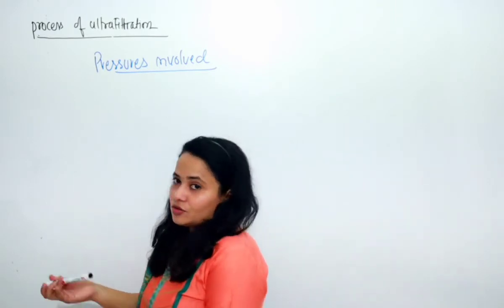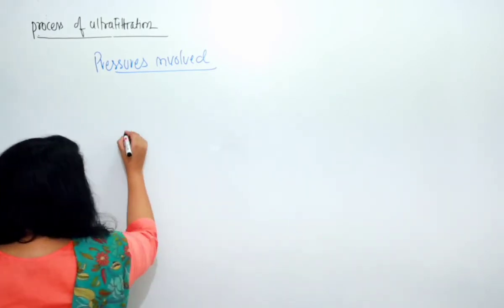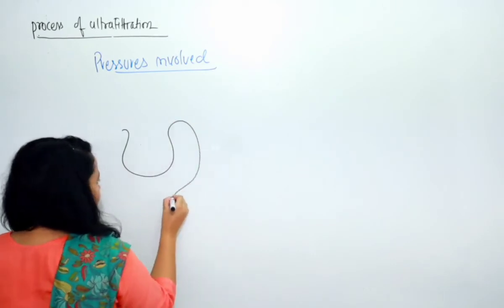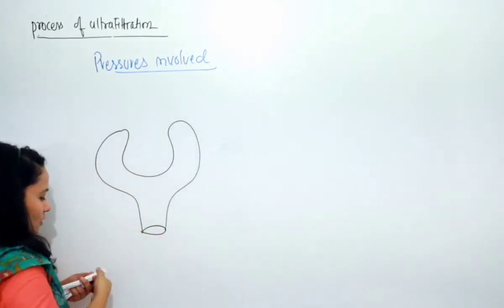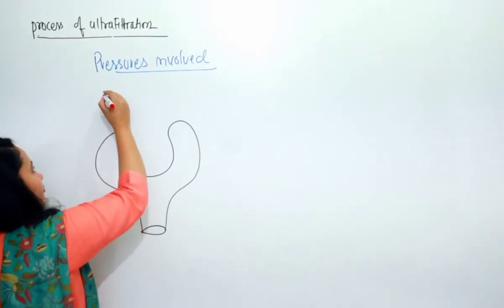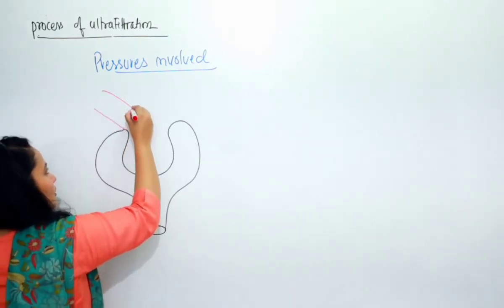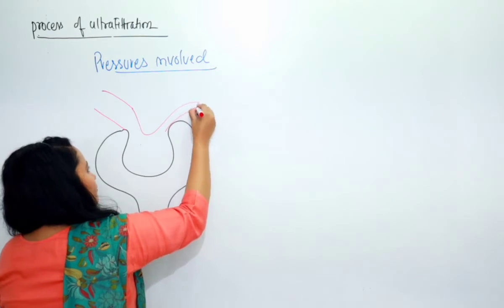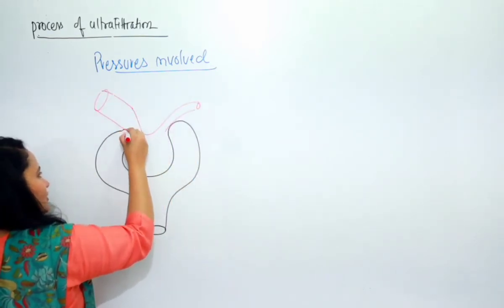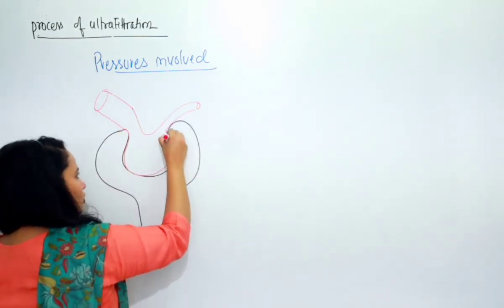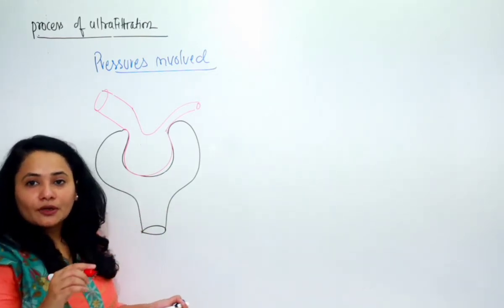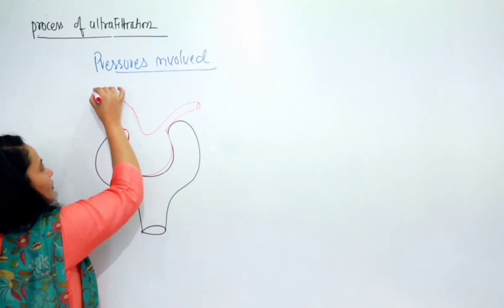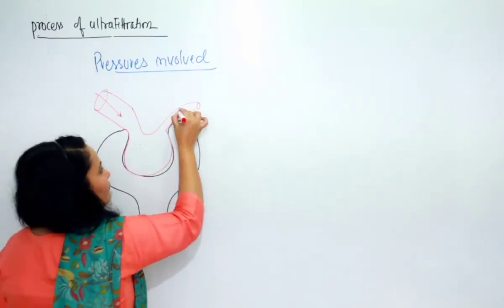So let us again draw the same diagram, and here we go with the diagram. This is the Bowman's capsule. This is what you call the efferent renal arteriole. Leaving out is the efferent renal arteriole, and inside is this glomerulus. Now we all know, we have studied in the previous topic that the blood is entering from here and the blood leaves from here.